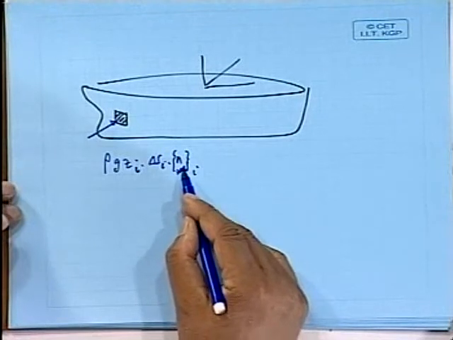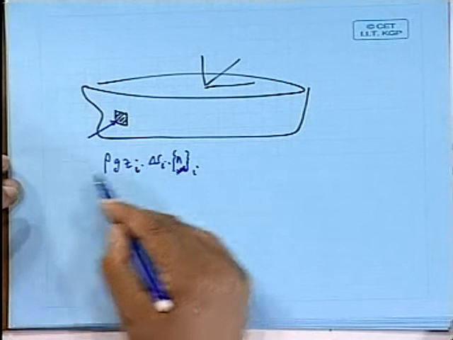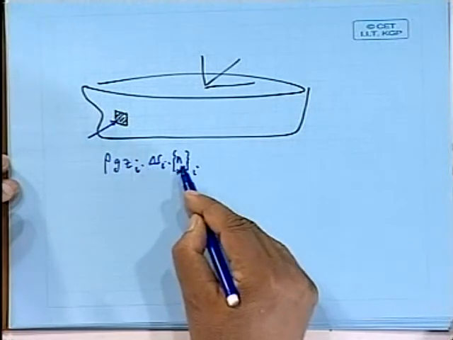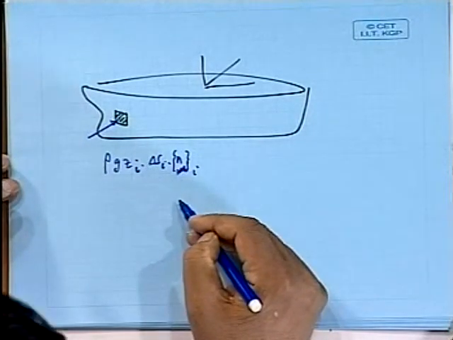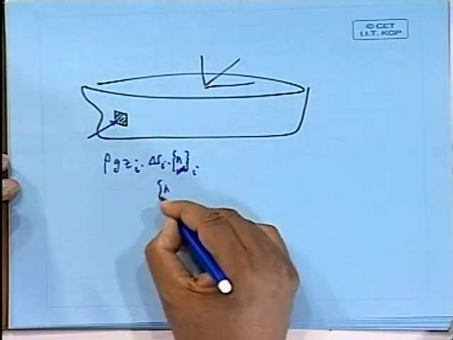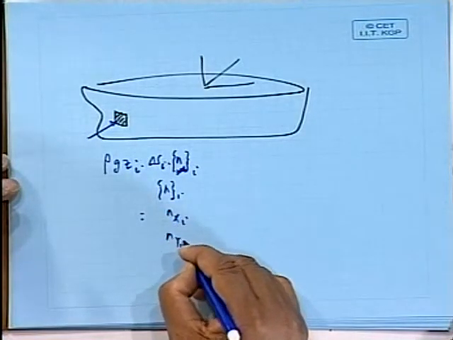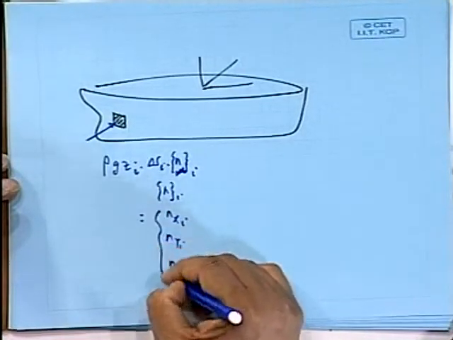Remember that when I say ni, this is a vector. If you take the x component of the vector, you end up getting x force. If you take the y component, y force, and the z component, z force. Or if you want, we can write that ni is nothing but nxi, nyi, nzi.